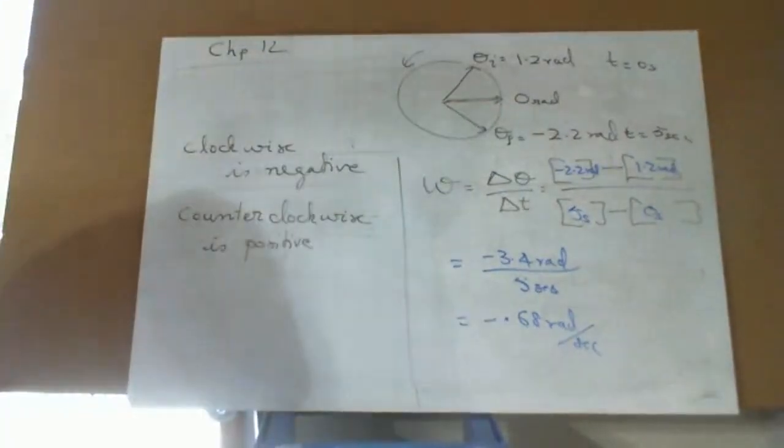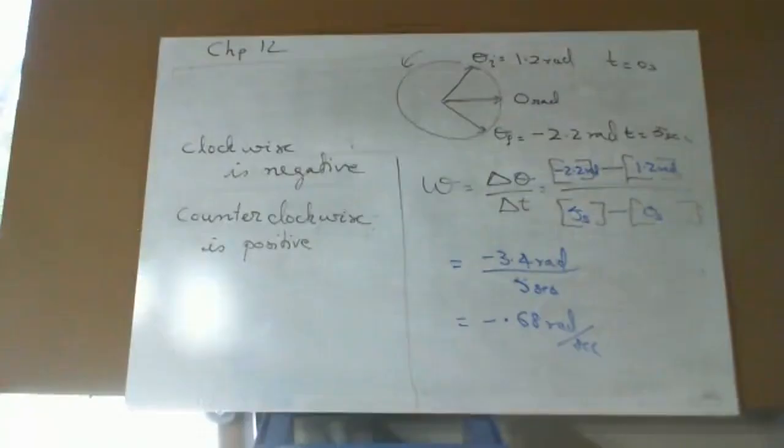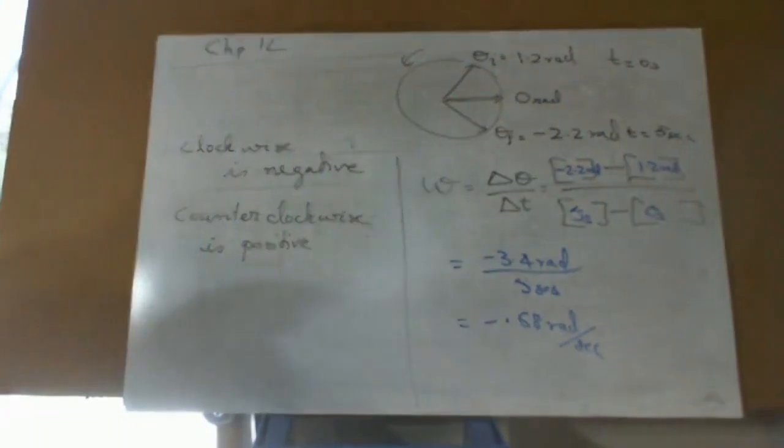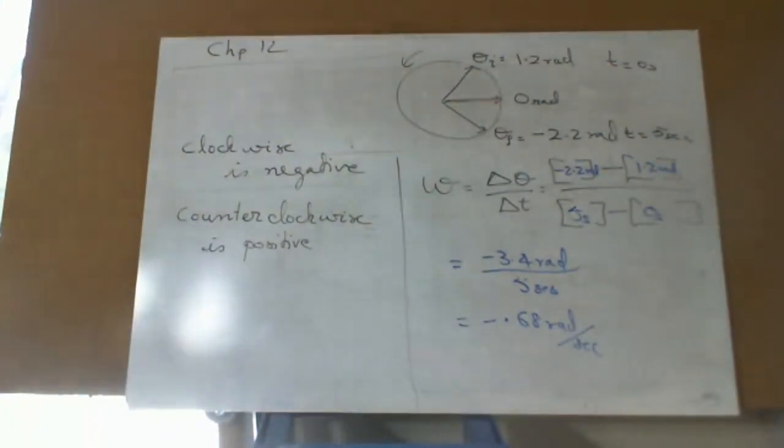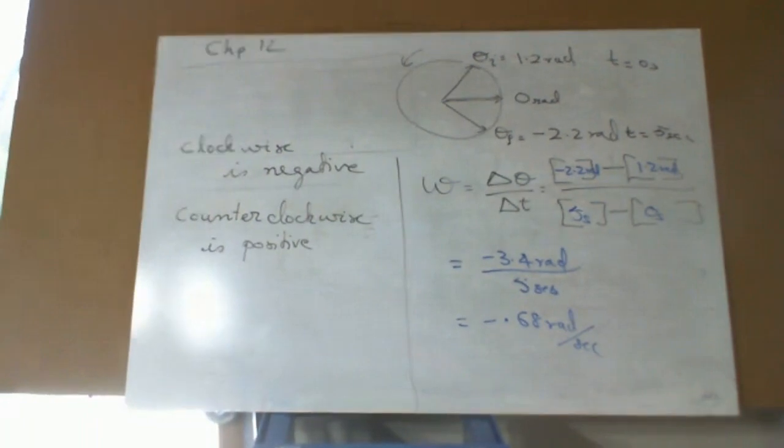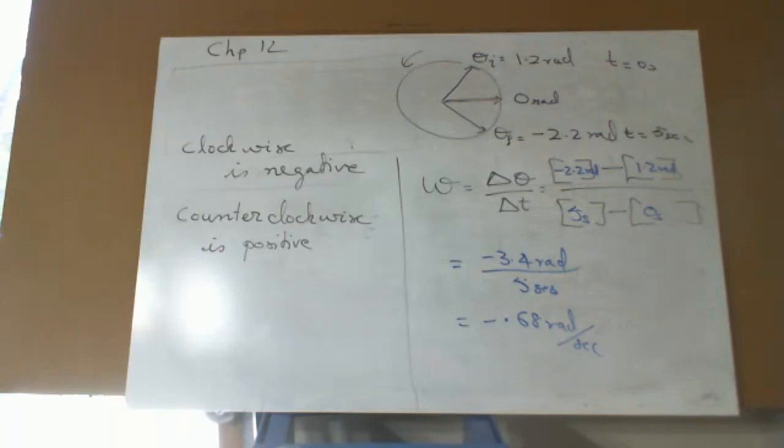If you look in your book on page 2, by the way, I already did this, didn't I? This is not chapter 12. I'm sorry, I'm going back to chapter 8. We already did this. That's my fault. All right.